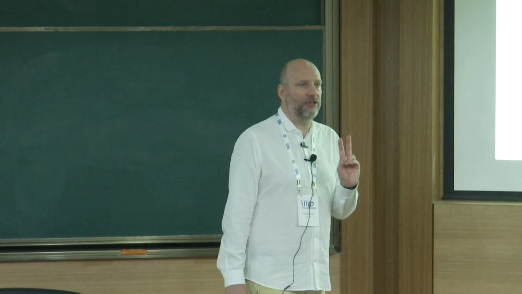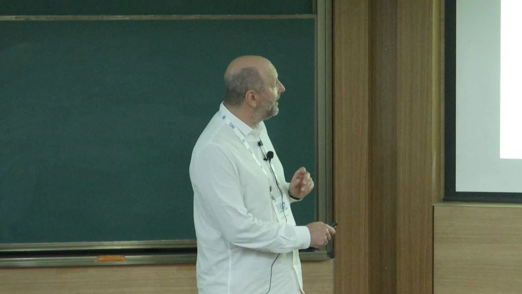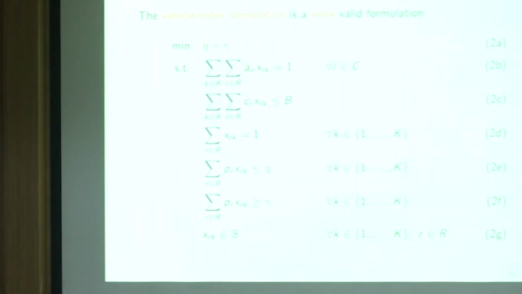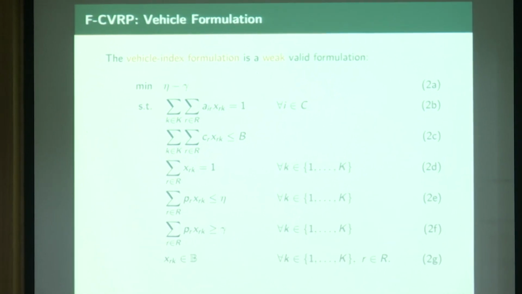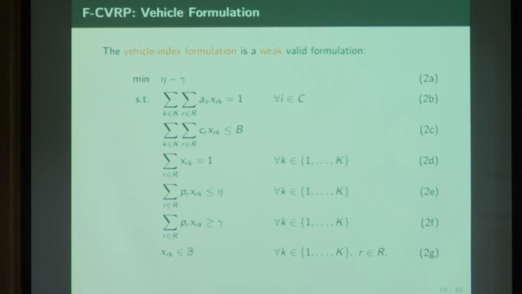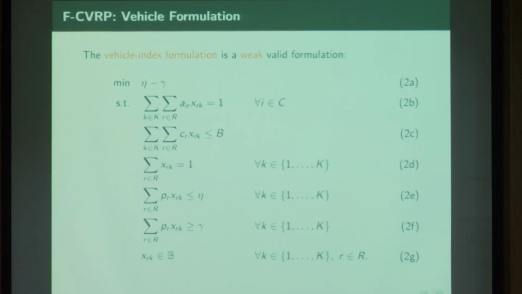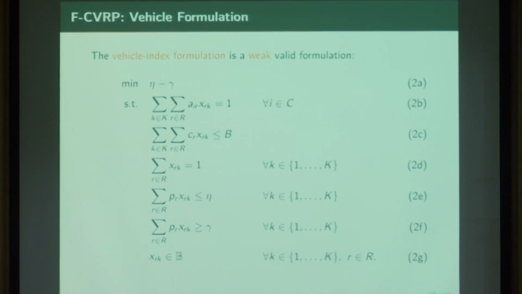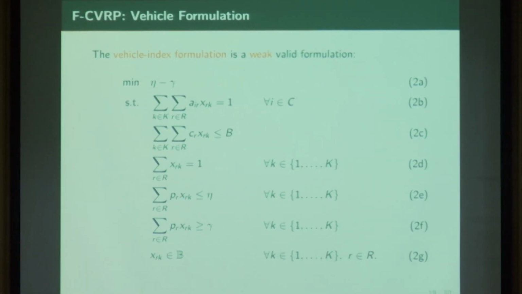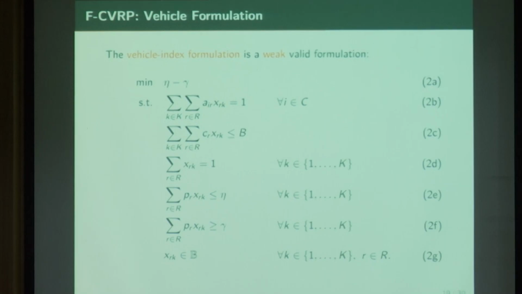So I have two formulations to show you. One is the vehicle index formulation, which is somehow a classical extension of a vehicle index formulation for vehicle routing, which we know is weak. Not in the way I was using weak before, but it is generally weak, even for capacitated vehicle routing.